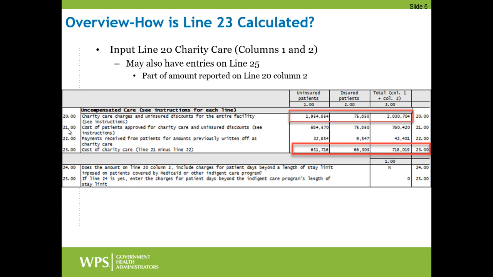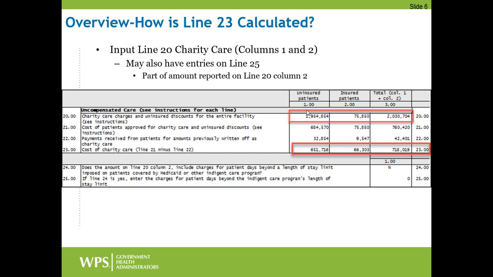Line 21, well, we'll see this later, but basically it's the underlying cost of those charges. Now, for column 2, the amounts reported were deductibles and coinsurance. So that amount generally falls down to line 21. That's the same amount that's going to be used there. There are some exceptions, and we'll talk about those in a bit.